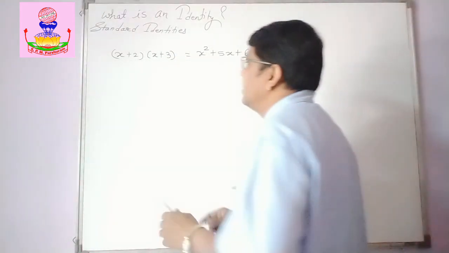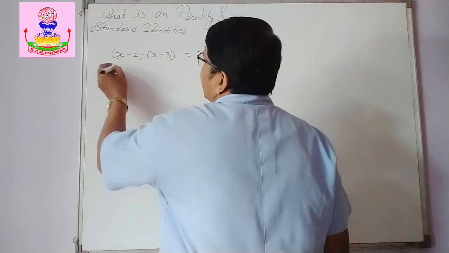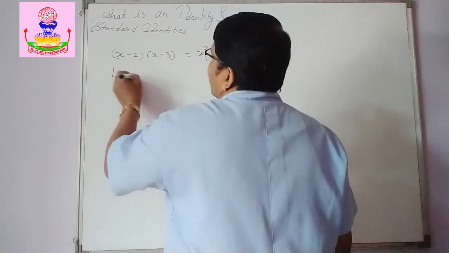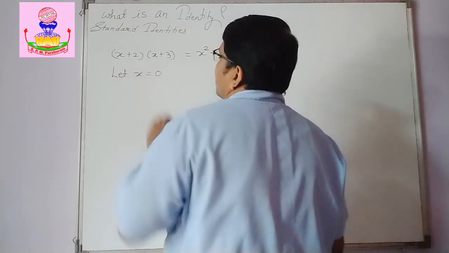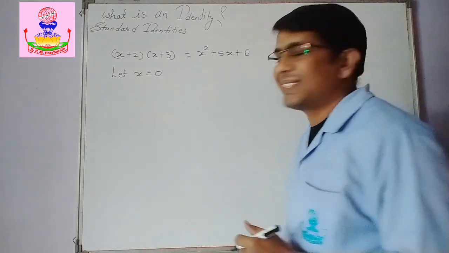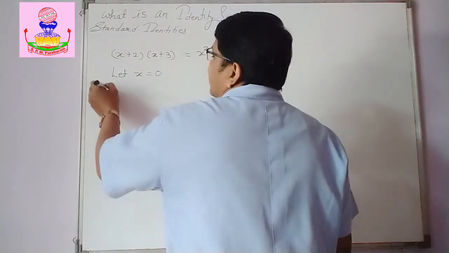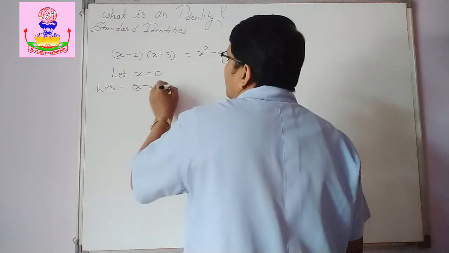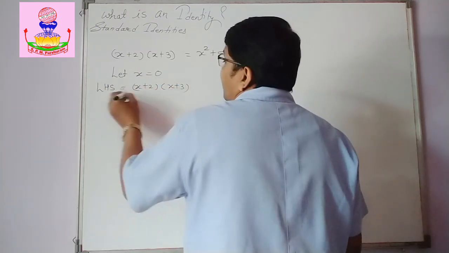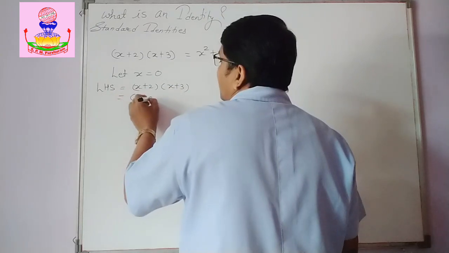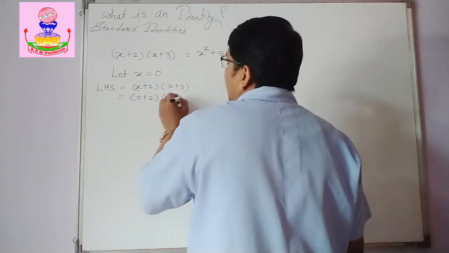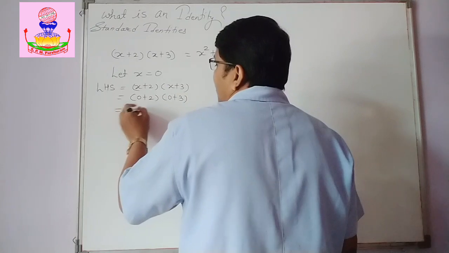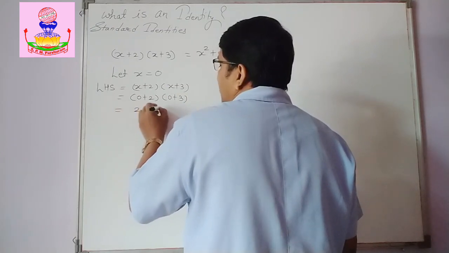Take one value. Suppose I take x equal to 0. Let us see what happens. Now LHS, (x + 2)(x + 3), that is (0 + 2)(0 + 3).